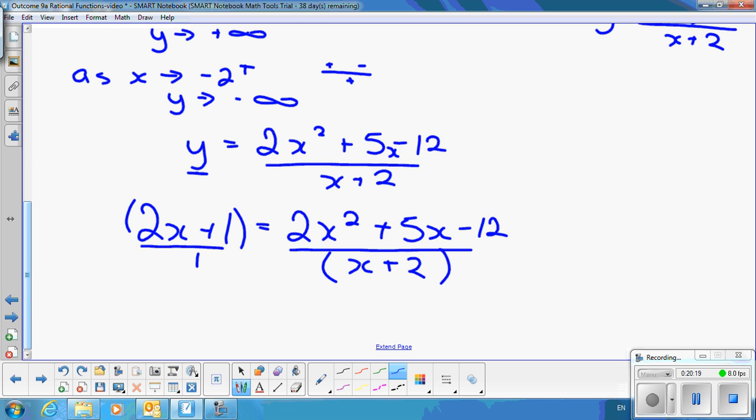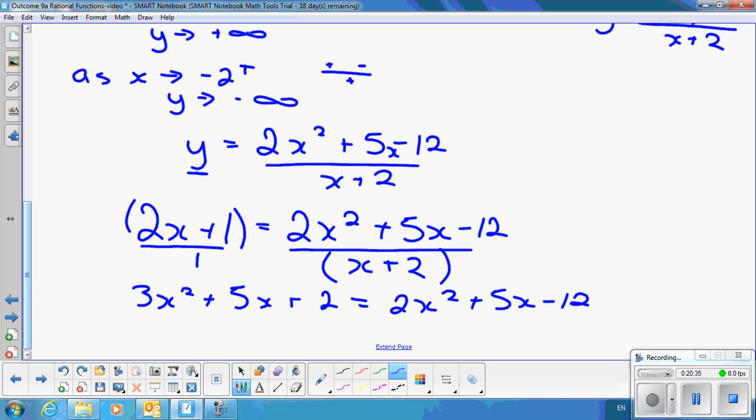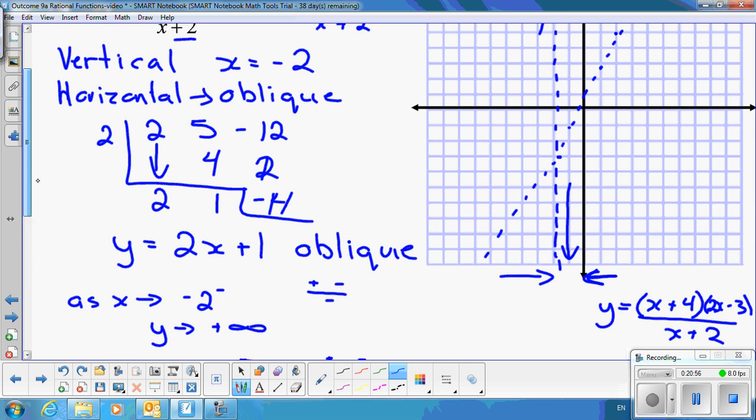When we cross multiply, we need to distribute, and we end up with 2x squared plus 5x plus 2 equals 2x squared plus 5x minus 12. Our 5x's will cancel out. When I subtract 2x squared, I end up with 2 on the left, and if I subtract 2, I get negative 14 equals 0 on one side. Can't take the square root of a negative number, so this equation has no solutions. This means that our graph does not cross that oblique asymptote.